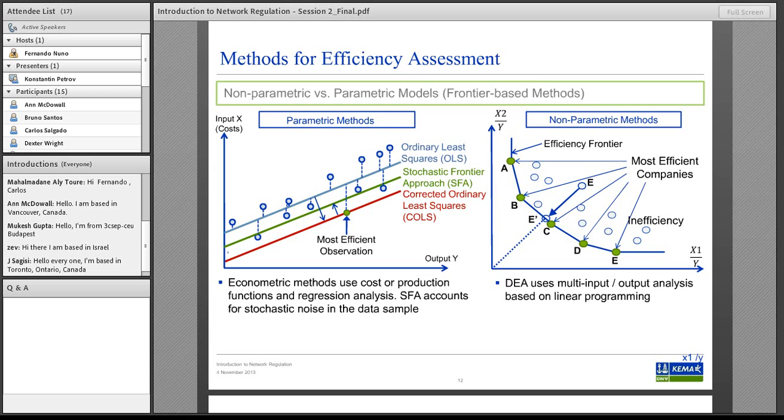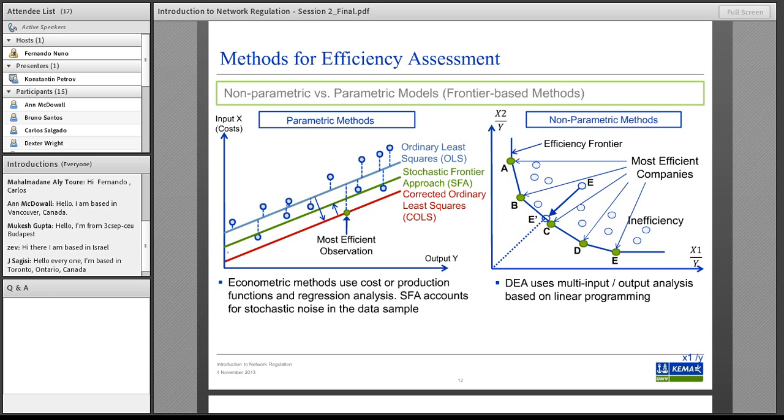It's a frontier line. And now we can compare this frontier line, which is established based on the companies' performance in the sample, with the investigated company, for example, company E. And you can see that E is a bit far from the frontier line. So obviously in this example, company E can improve its performance, and this improvement is possible, for example, in this configuration with the so-called radial shrinking of the input factors.